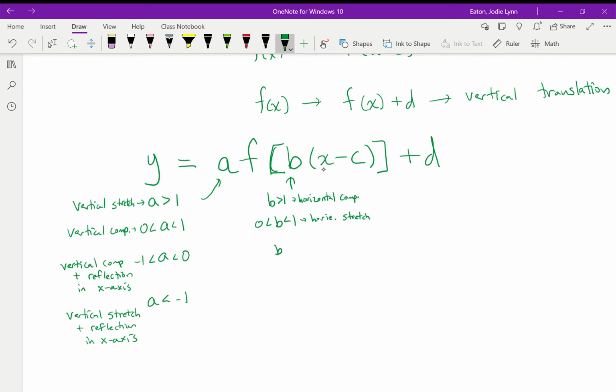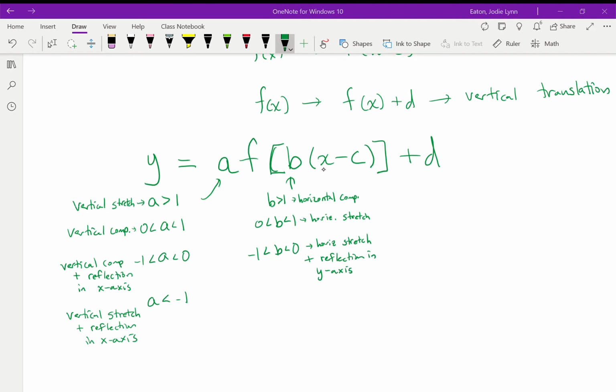If we have b between -1 and 0, it is the same thing. It's a horizontal stretch plus a reflection in the y-axis. So it's the y-axis, but it's really your x coordinates that are getting flipped.